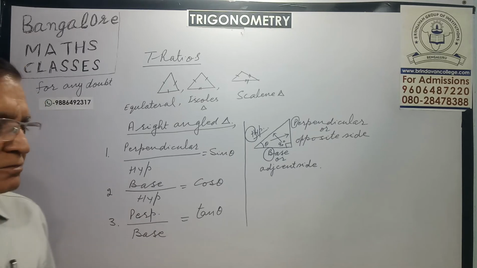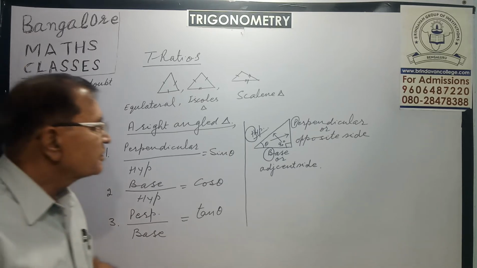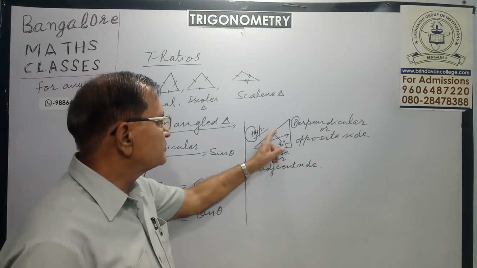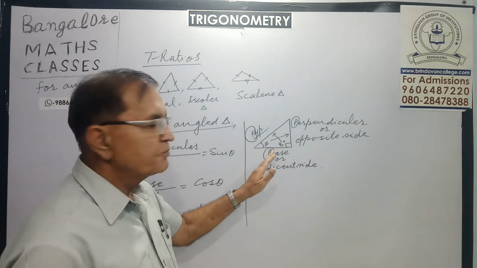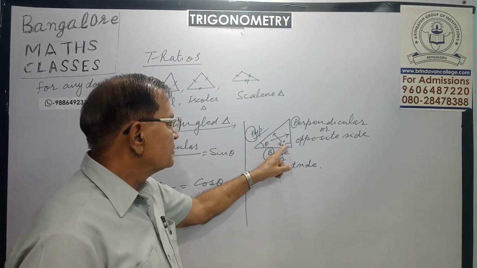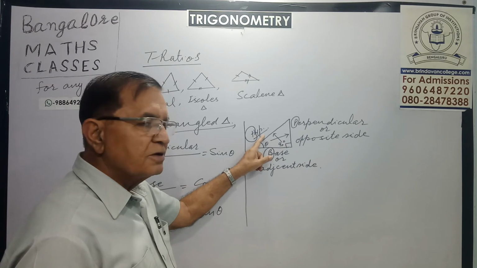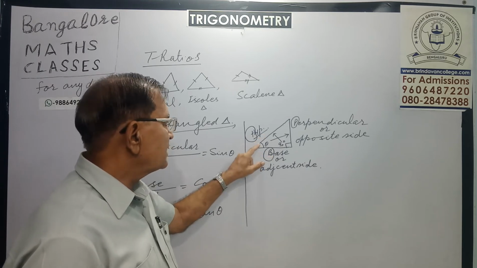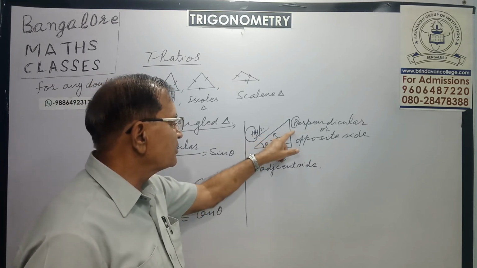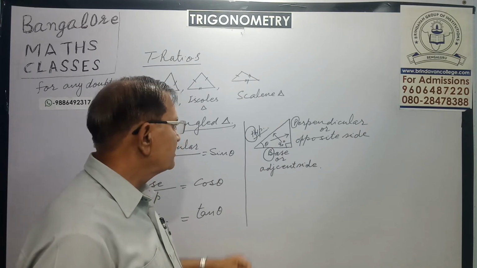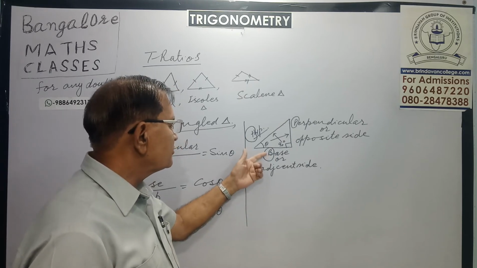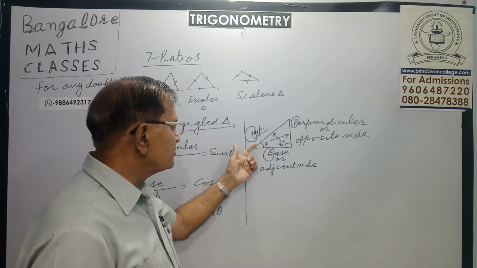See once again, right angle triangle is there in our syllabus only. Side facing 90 is hypotenuse. Side facing the angle theta is perpendicular or the opposite side.